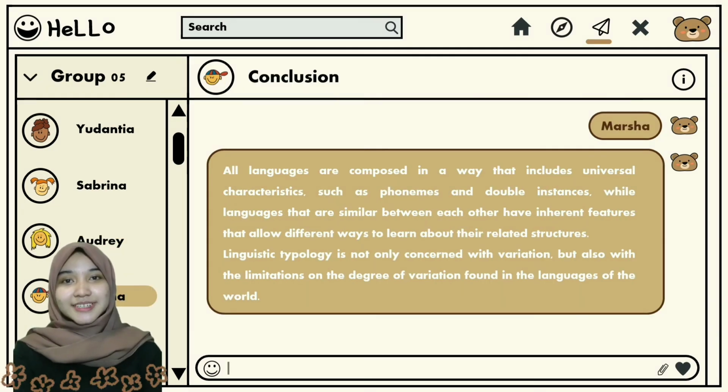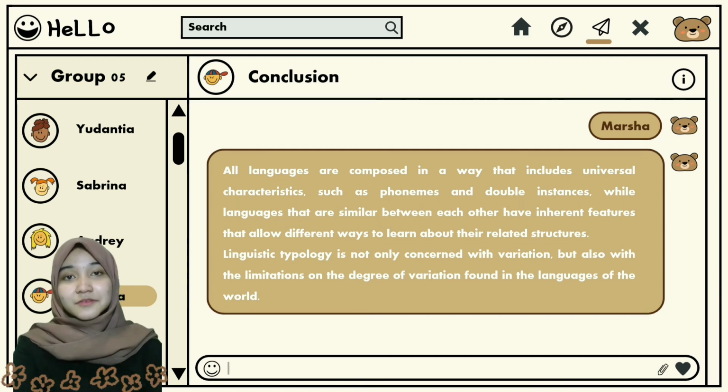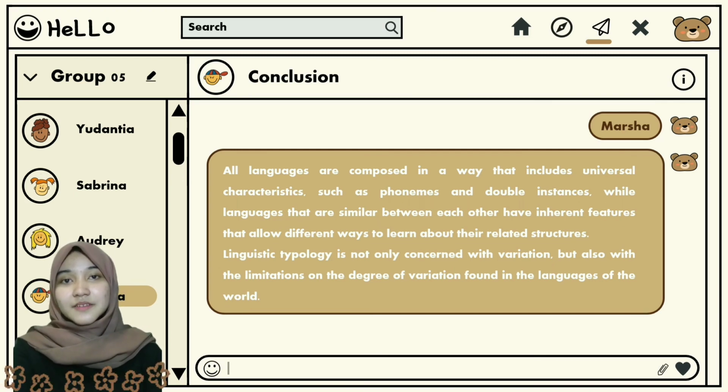In conclusion, language or linguistic typology is largely aimed at cognitive and socio-cultural aspects and defining the differences between languages, especially in the area of semantic differences. All languages are composed in a way that includes universal characteristics, while languages that are similar to each other have inherent features that allow different ways to learn about their related structures.